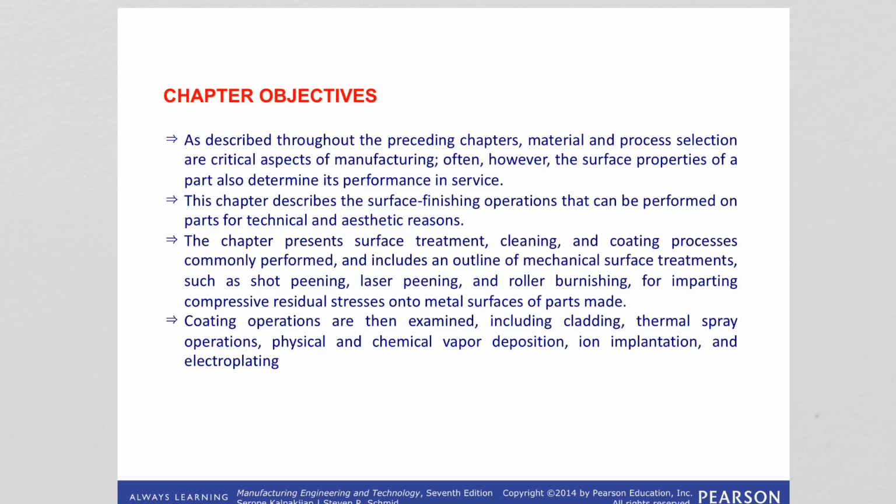We're gonna cover surface treatments, cleaning, and coating processes such as shot peening, laser peening, and roller burnishing, which usually are done to enhance mechanical properties of the surface. We're also gonna take a look at coating operations such as cladding, thermal spray operations, physical and chemical vapor deposition, electroplating, and some other techniques.